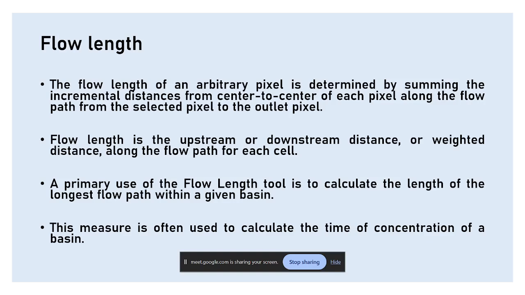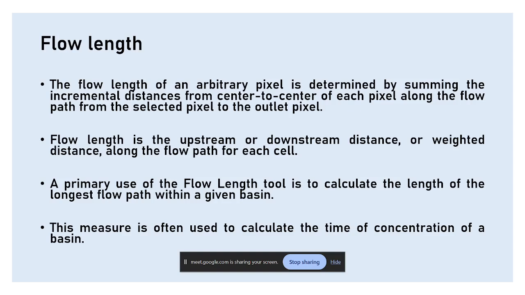So it is the upstream or downstream distance or weighted distance along the flow path for each cell. Okay. A primary use of the flow length tool is to calculate the length of the longest flow within a given basin. So of course we have connecting flow and everything, but the primary use of the tool in GIS is to calculate the length of the longest flow path which is present within a given basin.